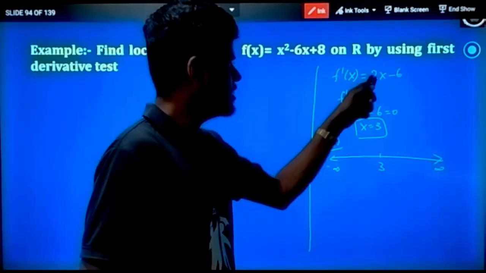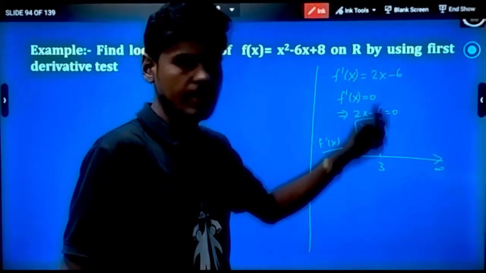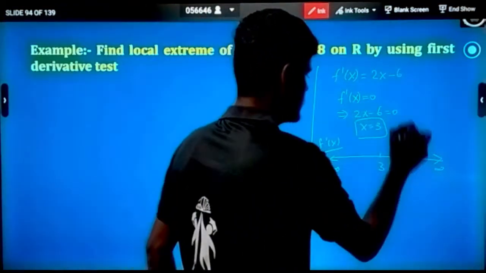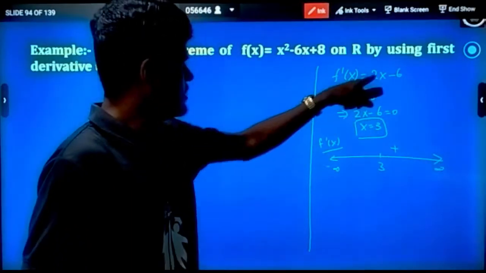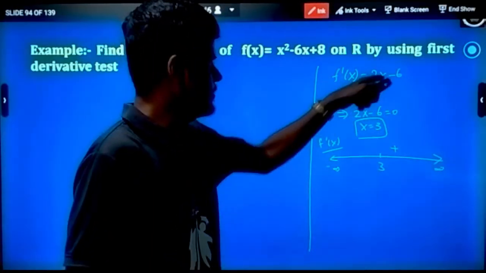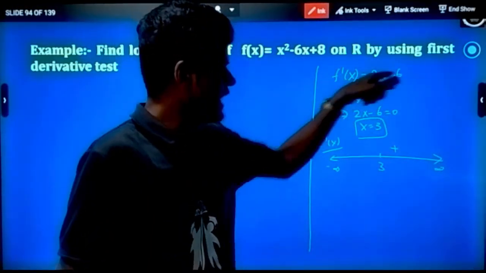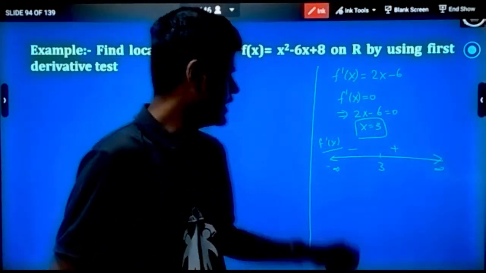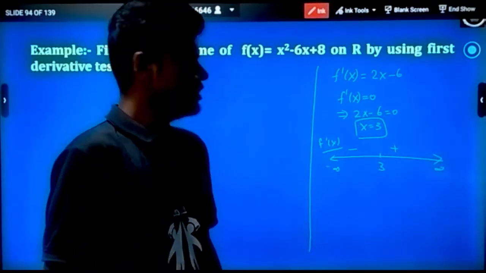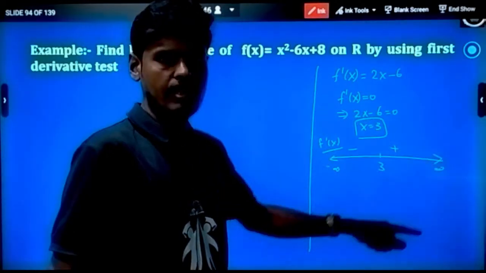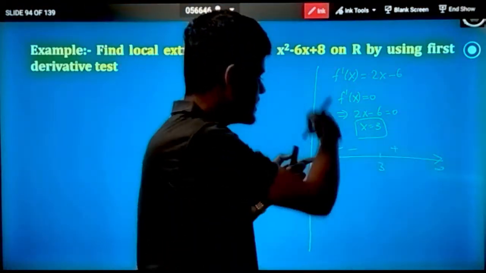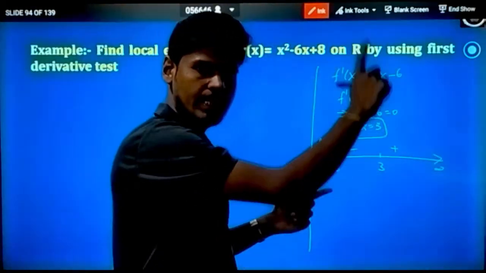If x is more than 3, then f dash of x will always be positive. So this is positive. When the value is less than 3, for example 0, then this is a negative number. So in this interval, minus infinity to 3, f dash is negative. And there is no other point for which f dash changes from positive to negative. Here f dash changes its sign from negative to positive.